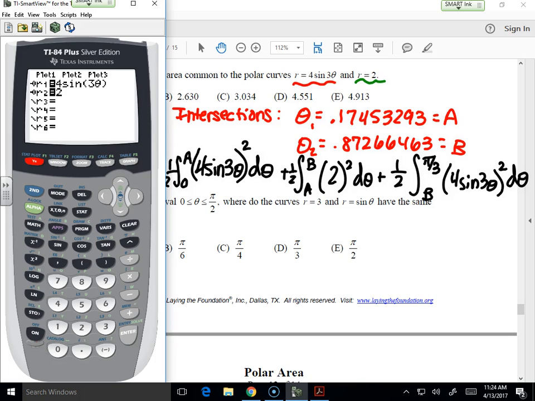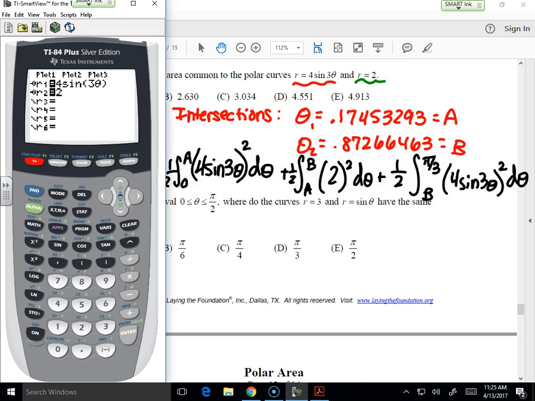You would have divided by 4, you would have gotten 1/2. Sine is 1/2 at pi over 6. Oh yeah, pi over 18 is the first one, because pi over 6 divided by 3 is pi over 18. So we could have done that instead of the A's and B's. But the function mode definitely works, right, guys? To find the intersections of the two and to find the zeros.